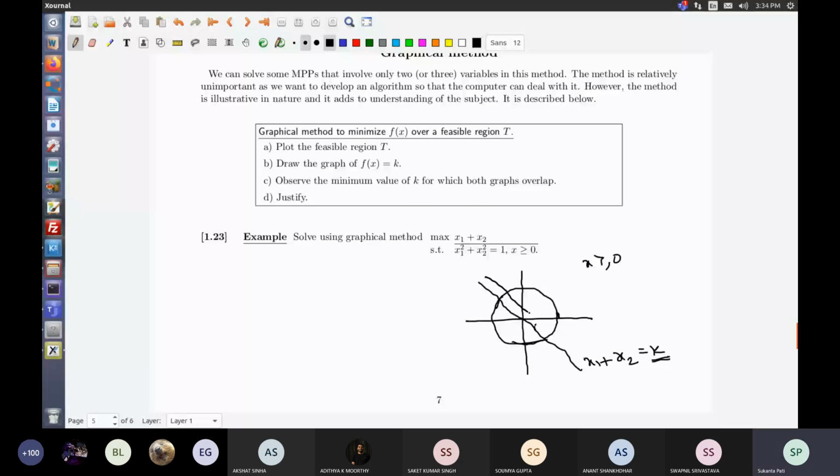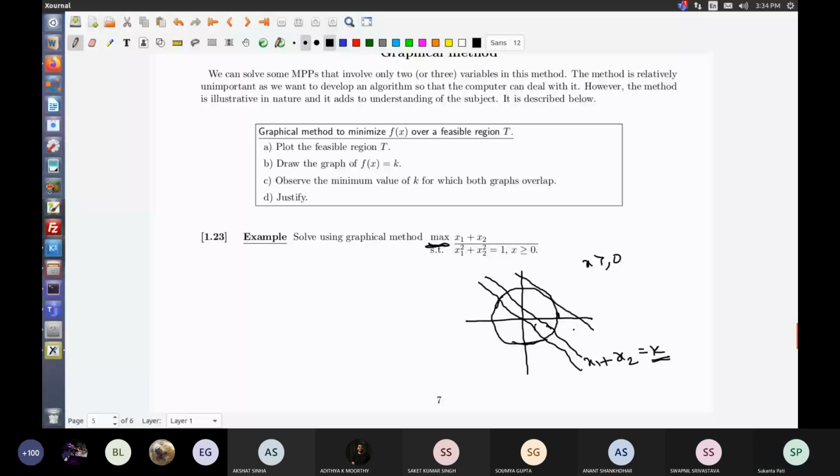Now you go on increasing the value of k. Right now we are looking at a maximization problem. So you go on changing k, and you will finally find one k that will touch this, and you will have this kind of a situation.